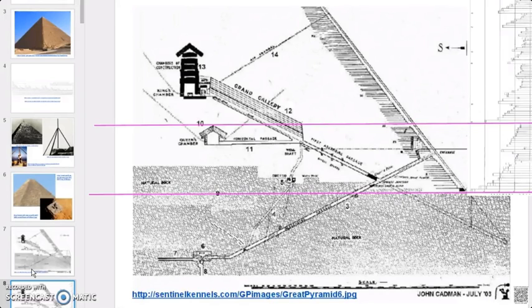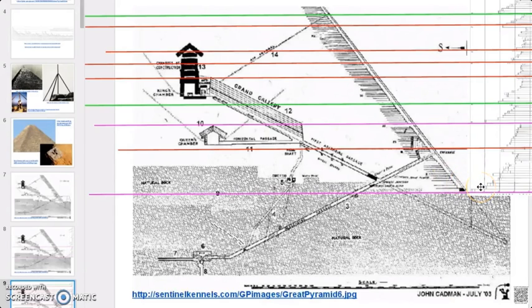When we line up the different elevations, we put the tallest step, the 35th step, on the same elevation as the top of the Queen's Chamber, and of course ground level to ground level. We see some pretty interesting correlations with where the steps are and what they relate to. Now this is not the right size. This is not to scale.